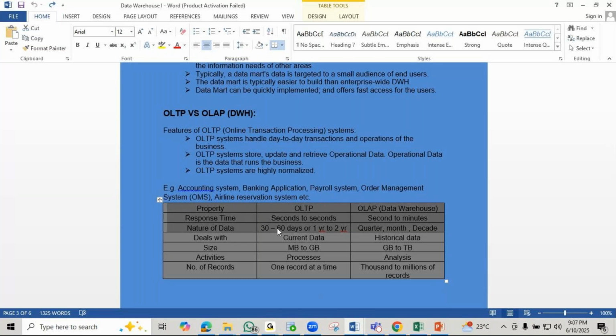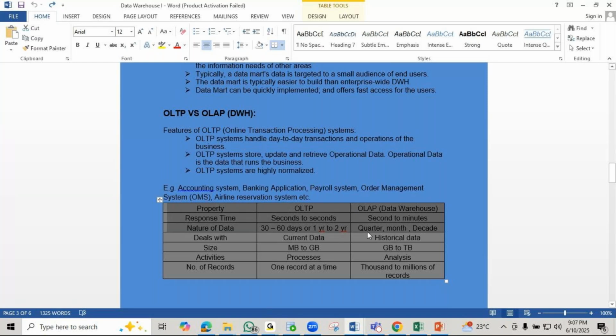So whatever transactions happen in those 4 or 5 days, the data will be there only. Like that, it can hold 30 days to 60 days or 1 year to 2 years of old data. And OLAP can maintain quarter data, month data, and decade data.